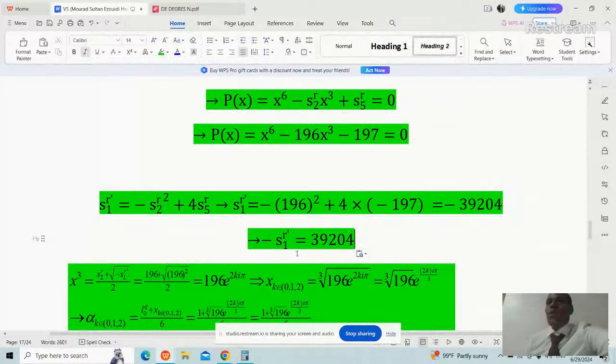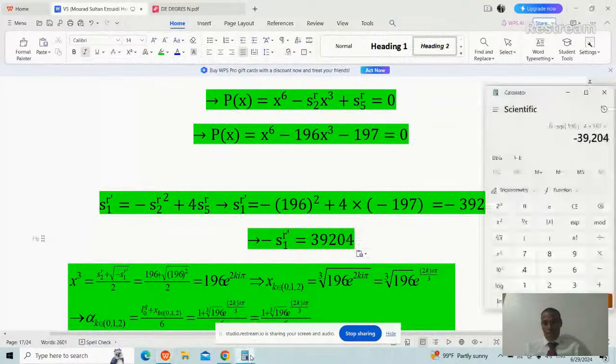Now I will use my calculator. I should find the root of this. I will try to find the root without writing the answer as a decimal, but I will leave it as a surd. Minus root of 39,204 is 39,204 raised to the power 0.5.